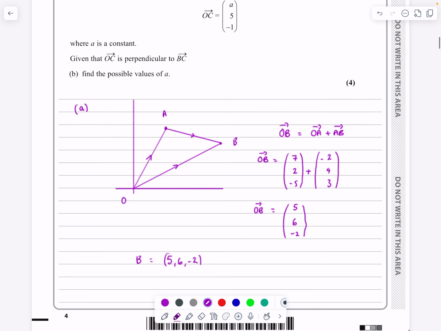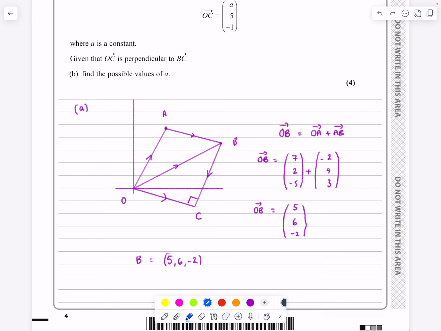So if I want to draw OC in, then if they're telling me that BC is going to be perpendicular to OC, let's keep that going down, actually. I'm going to need that to look something like that. So that if this is OC and this is BC, these 2 vectors here are going to be perpendicular to each other.